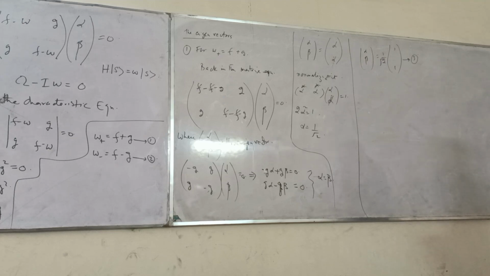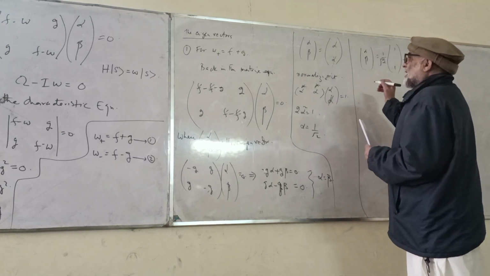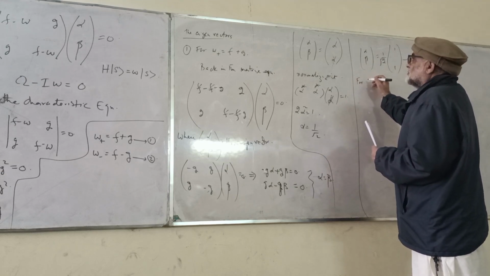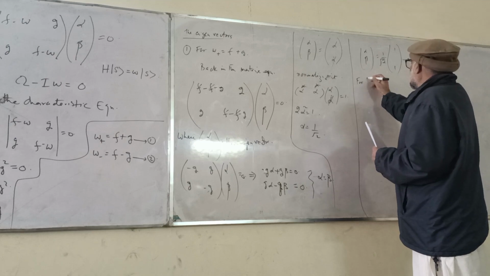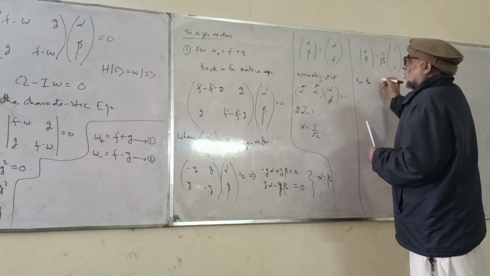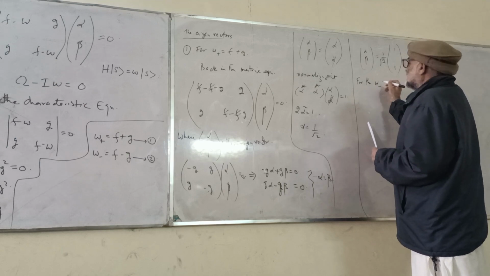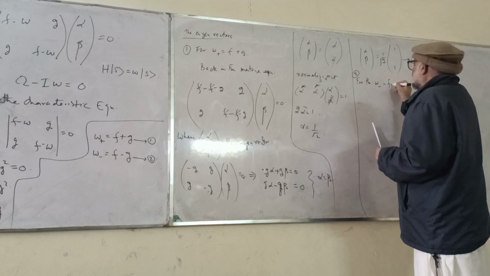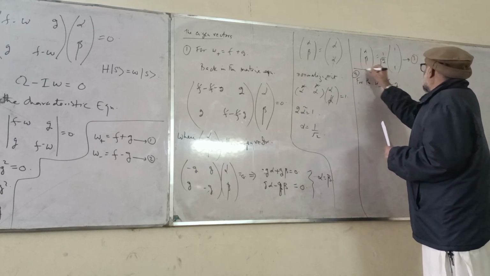Now, for the other eigenvector, for omega minus equal to f minus g, right?